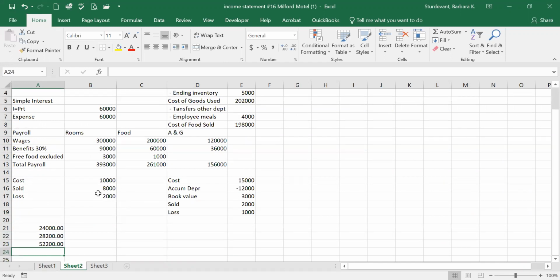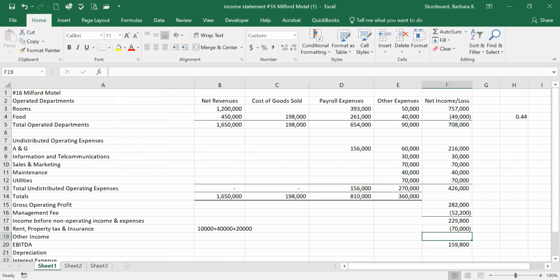Okay, so the other income can also be a loss. So it's this 2,000 loss, this 1,000 loss. And when you're doing these, I don't care if you combine them or separate them out. But for this one, we're just going to do a loss.